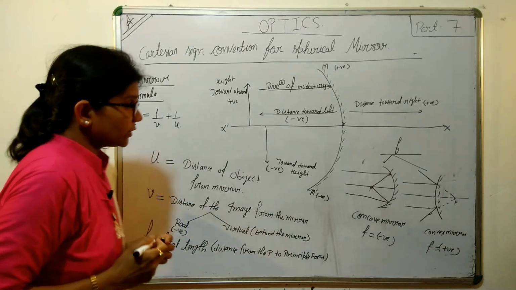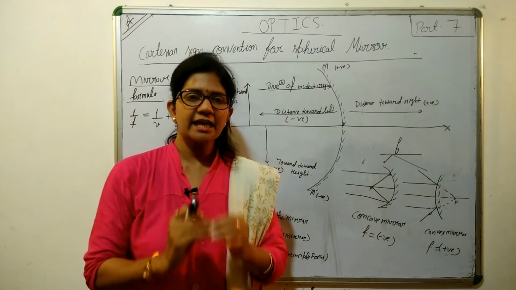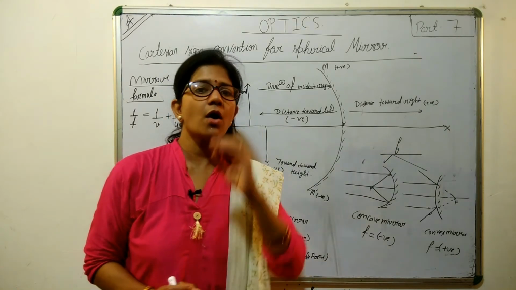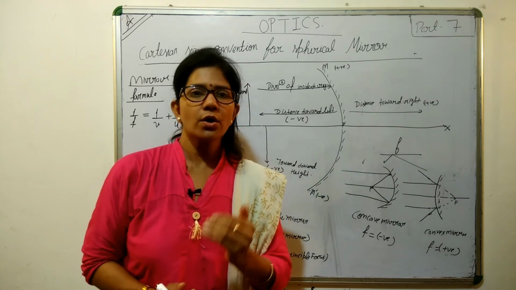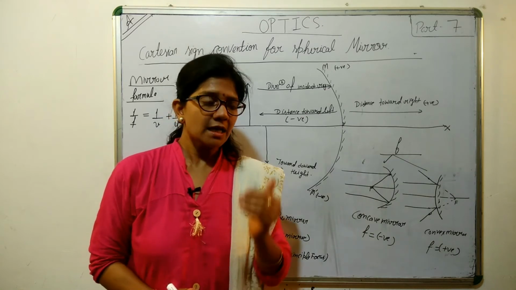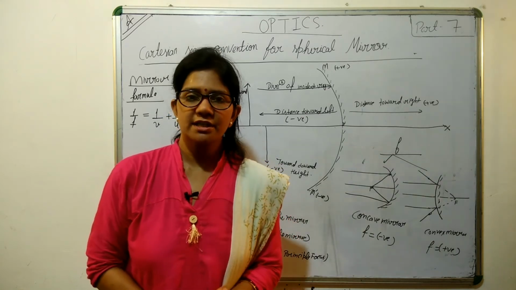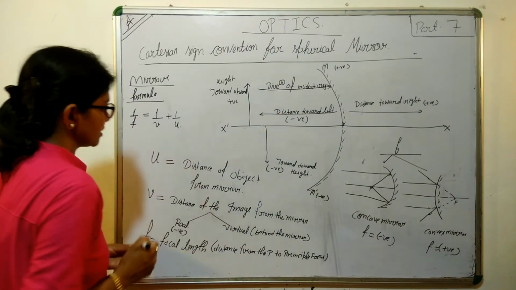Then to find to what extent the image is small or large, or to get the ratio of image and object, or how much magnification there is, there is a next formula, which is magnification.